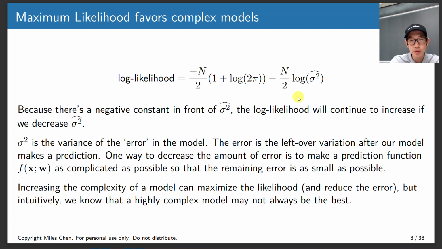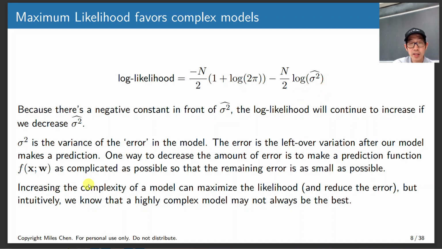What's the intuition behind that? Well, we can think of sigma squared as the error of our model. After you have your prediction line and you have scatter around it, the error is basically your leftover variation, that scatter. One way to decrease the error is to make a prediction function as complicated as possible, so that the remaining error is as small as possible.